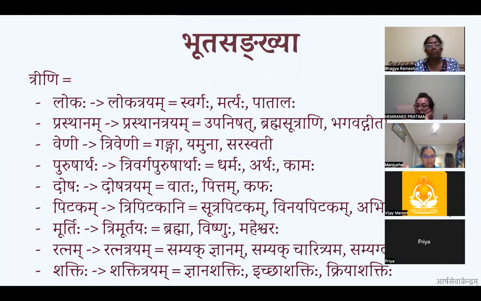Okay. So when we say Lokaha, we know Lokatrayam eva asti. Svargaha, Martyaha, Patalaha iti bhavati. So when they say Loka, if they're using it in a shlokam, it means 3. Okay. Sometimes when they do this Anushtup Chandaha, that Chandas, do you know what Chandas is?